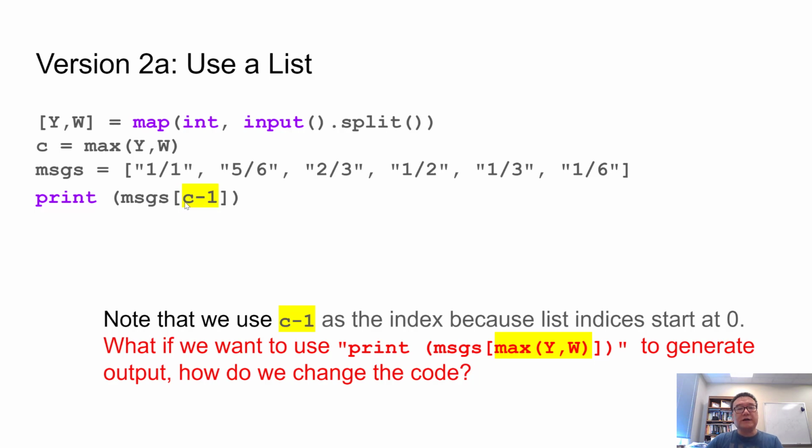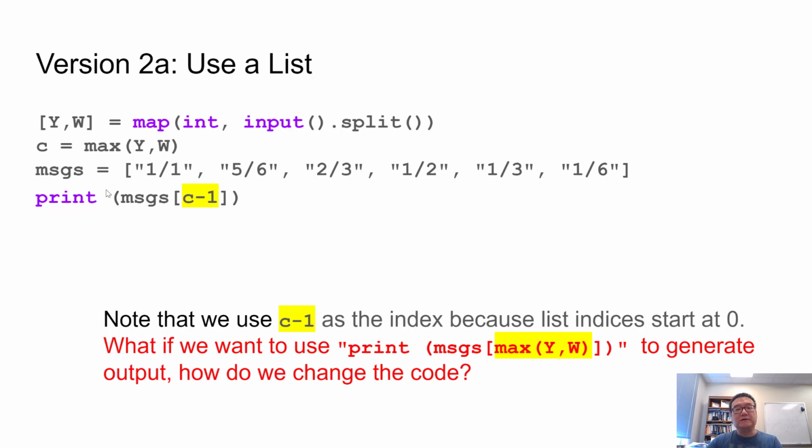The correct message index can be computed from the max of y and w, and it's basically the max of y and w subtract 1, because the max will go from 1 to 6, and the indices go from 0 to 5. So we need to subtract 1. Now, if for some reason we insist on printing the messages using the max as the index, we can still do that.